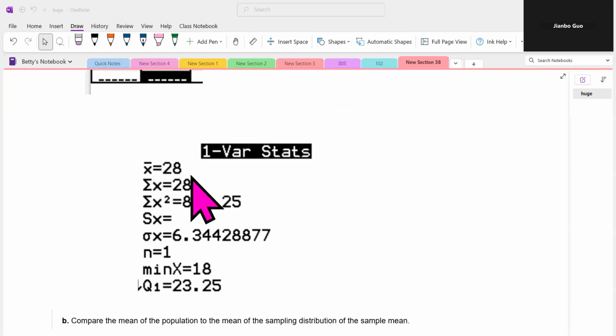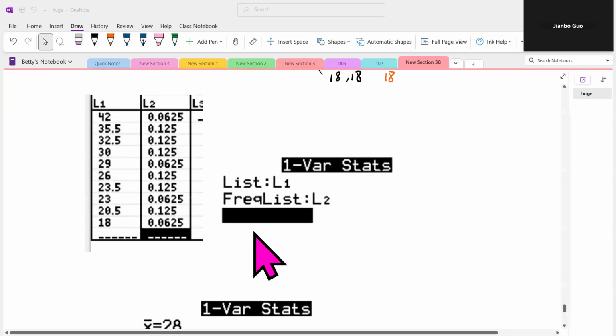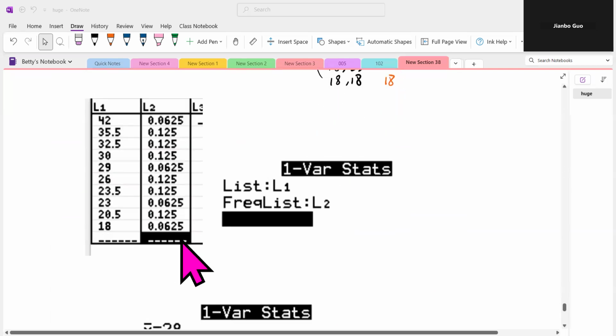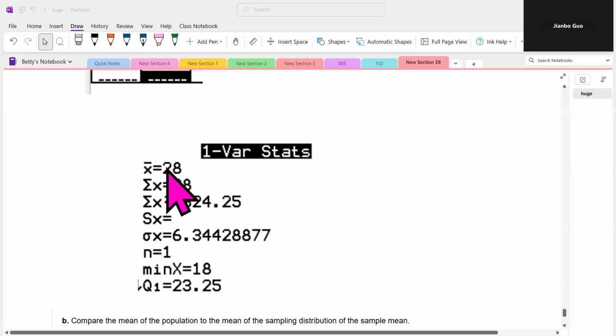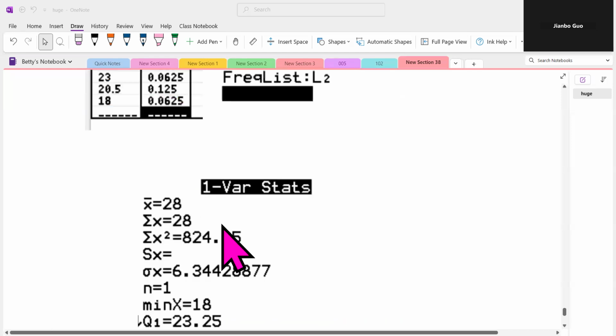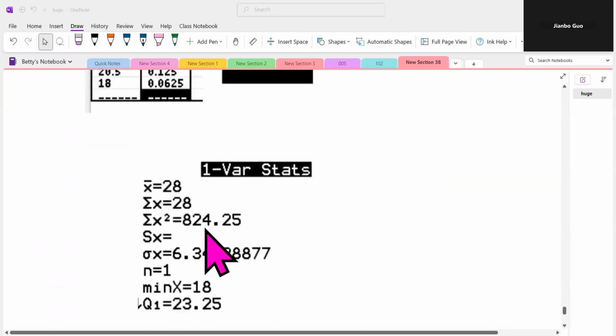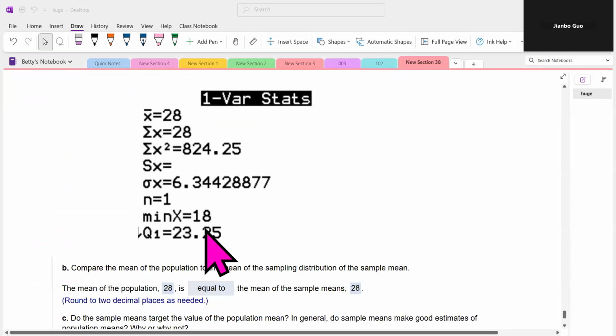It's a little bit weird, right? The mean of the sample means. In other words, the mean of the distribution of sample means is 28. 28 here is the mean of those sample means with size 2.